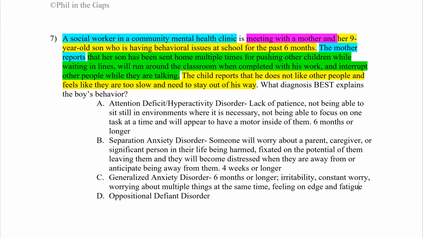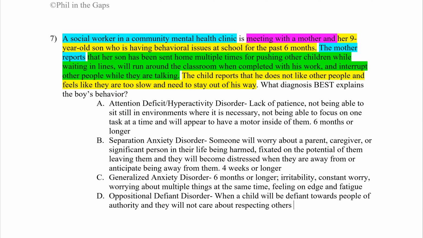And we'll just put fatigue here just to cap it off. And 6 months or longer is the length of time. Oppositional defiant disorder is when a child will be defiant towards people of authority and they will not care about respecting others.